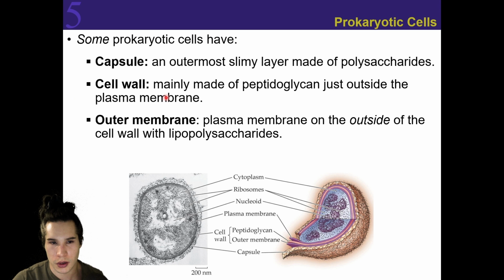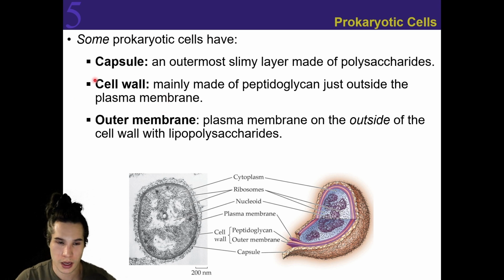Next, some prokaryotes may have a cell wall, and that's going to be typically made out of peptidoglycan, and that's going to be located just outside of their plasma membrane, kind of like plant cells. Plant cells usually have their cell walls just outside of their membrane. Now, another fun thing that they might have, if you're a bacteria, is an outer membrane.